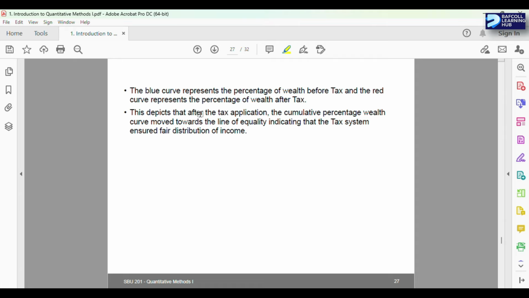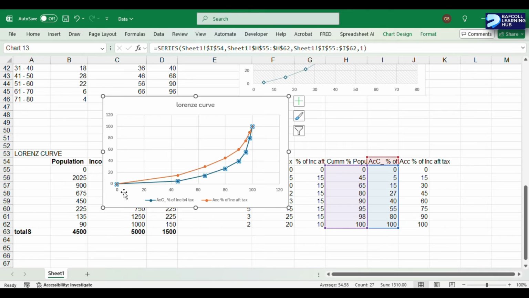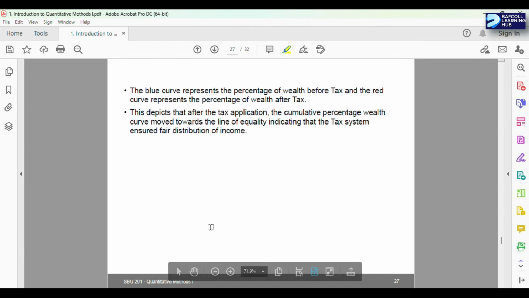You can see that this shows that after the tax application, the cumulative percentage wealth curve moved towards the line of equality, indicating the tax system ensured fair distribution. So that's what can be seen over here. So right here we don't have our line of equity, the 45 degree line, so let me use the one in the diagram.